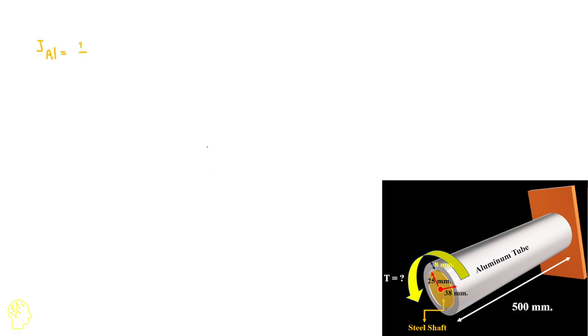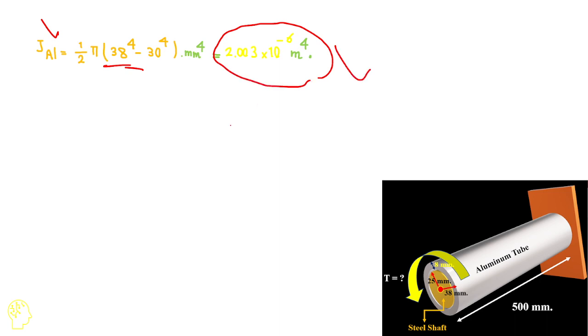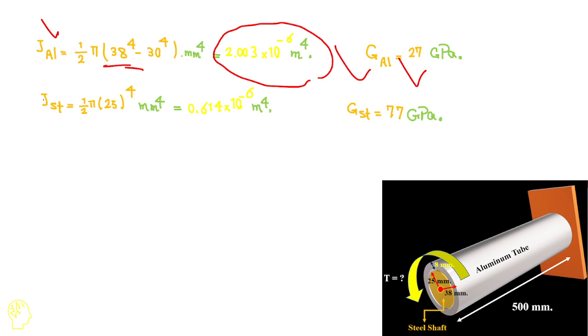So if you calculate J, the polar moment of inertia, for the aluminum tube, it gives you this value. G of aluminum is 27. The same for steel gives you a value of 0.614 times 10 to the negative 6 meters to the fourth.